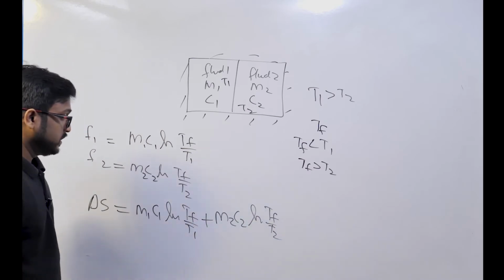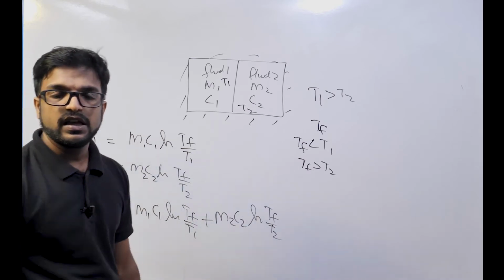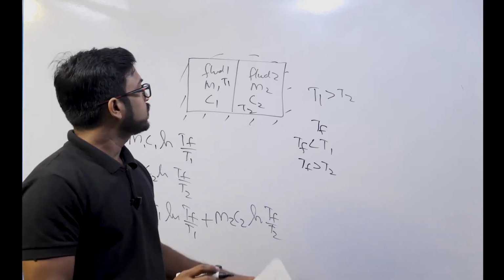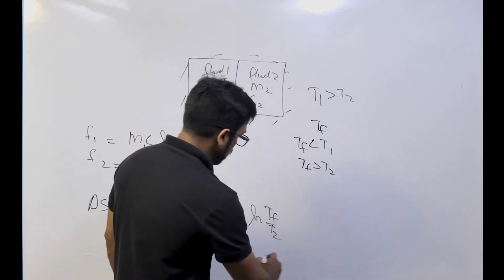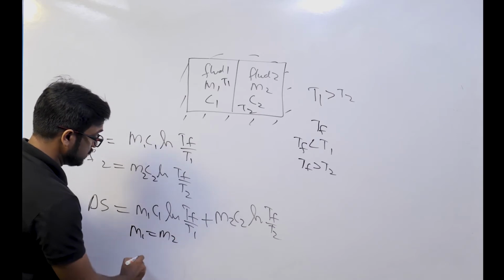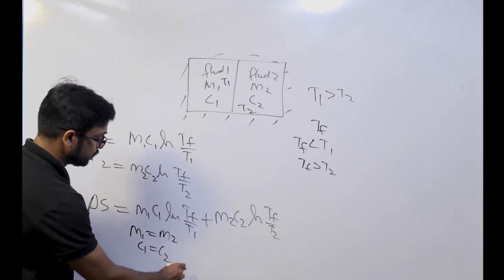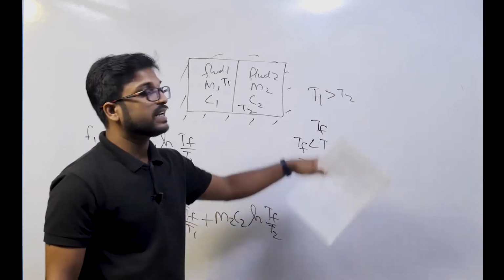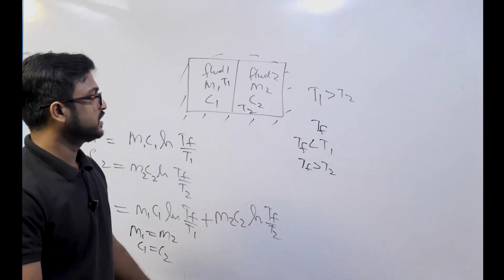For convenience, let's take both as having the same mass, and both are the same liquid, so C1 is equal to C2. But definitely T1 is greater than T2. That condition remains the same.